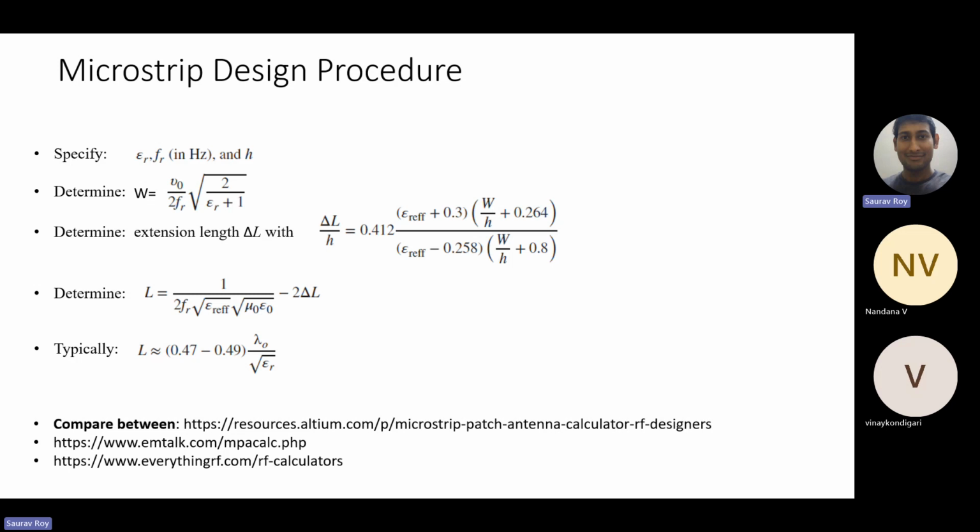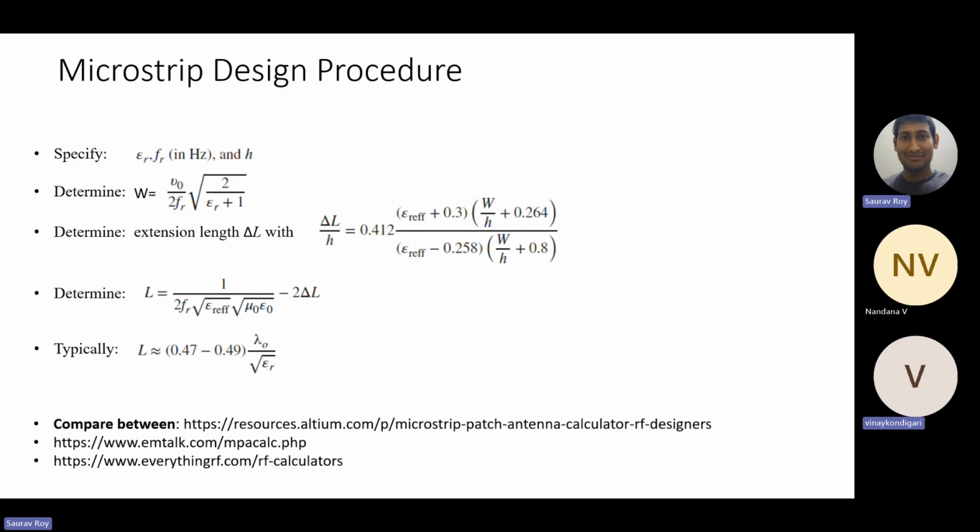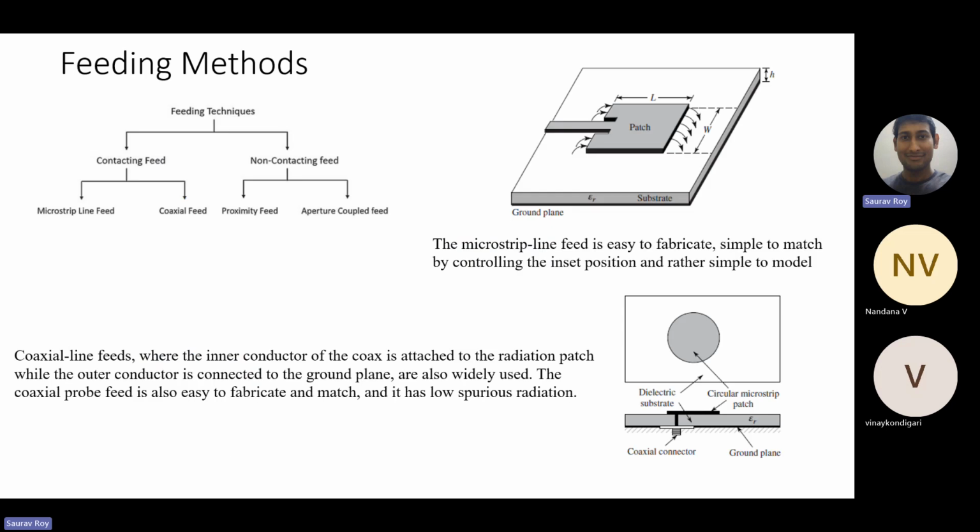Now we determine W and L. W is calculated from this, and L is lambda by 2 always. We all take the TM010 mode because that is our dominant mode, so all this antenna design is done with respect to the 010 mode.